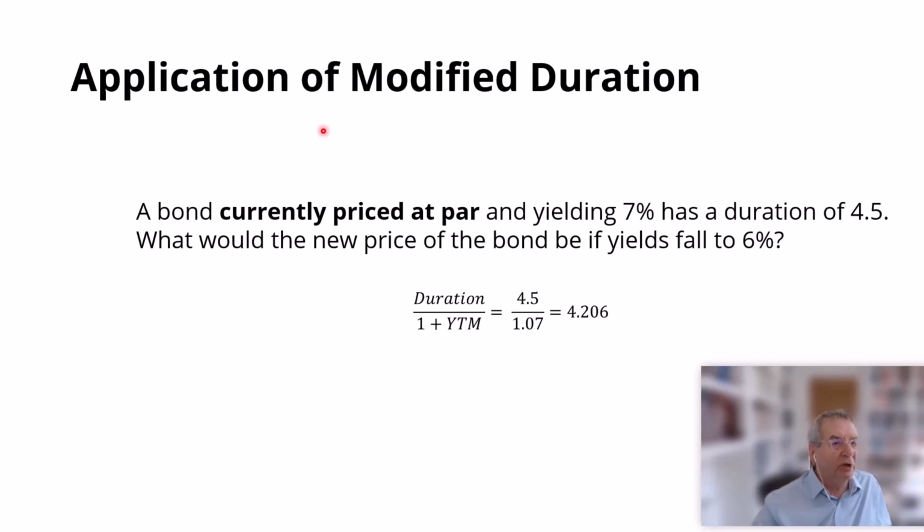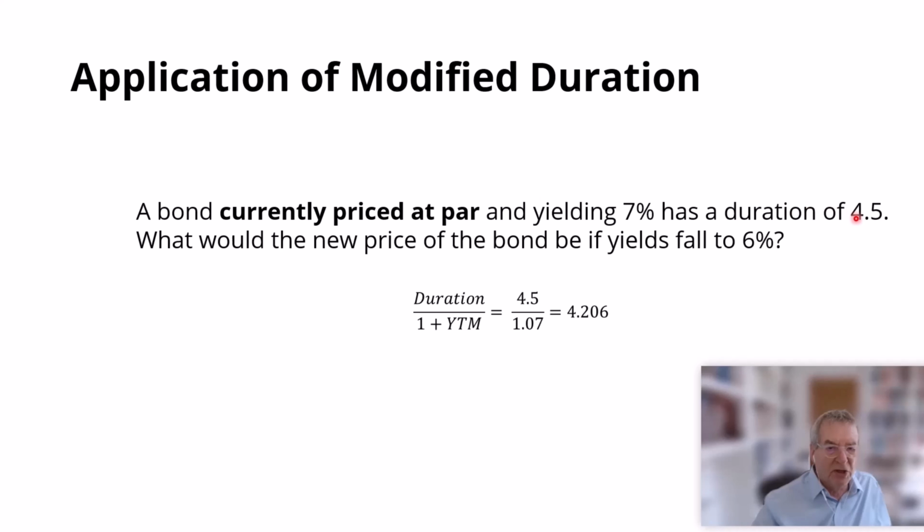Let us turn to what is actually a very easy and quick way of thinking about the sensitivity of bonds to changing discount rates. So let me go through what we have on the screen. A bond which is currently priced at par, so let's suppose it's a US dollar bond, so it's priced at $100, yielding 7%, has a duration of 4.5 years, what we just saw on the last slide.